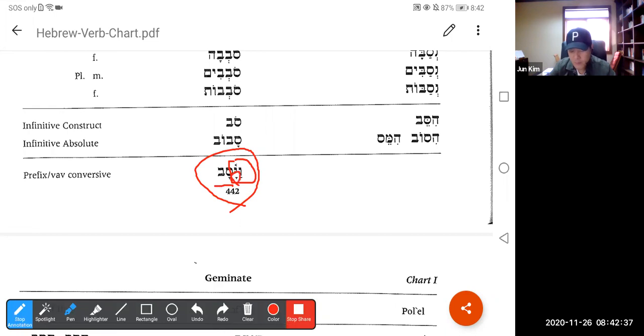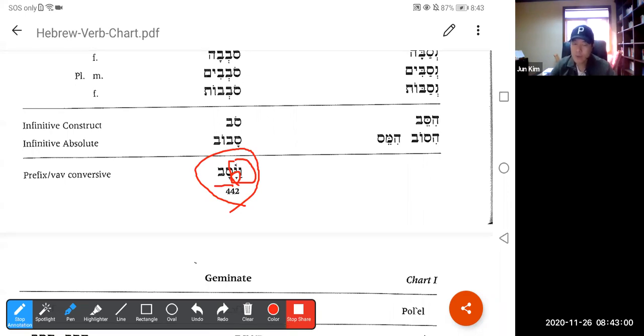Then you have qamets under the prefix pronoun. This is the rule for the missing letter of a hollow verb. So there is a great similarity between a hollow verb and a geminate verb in terms of the indicators.